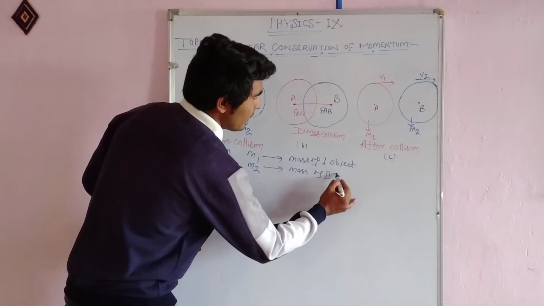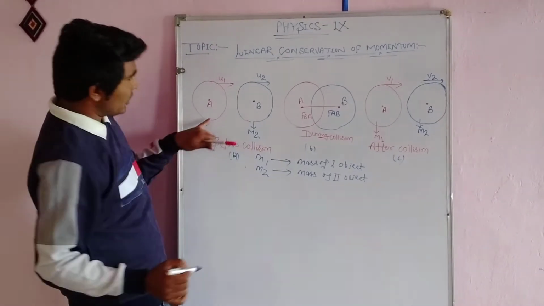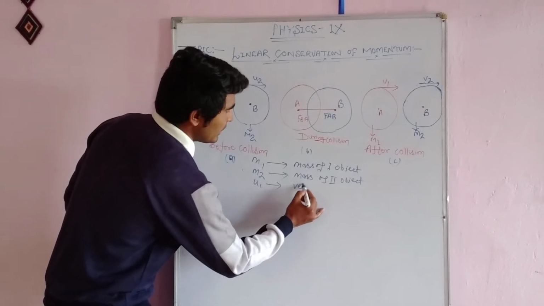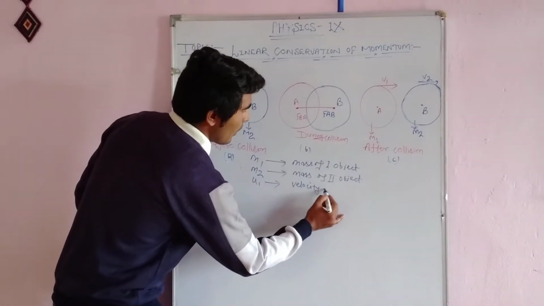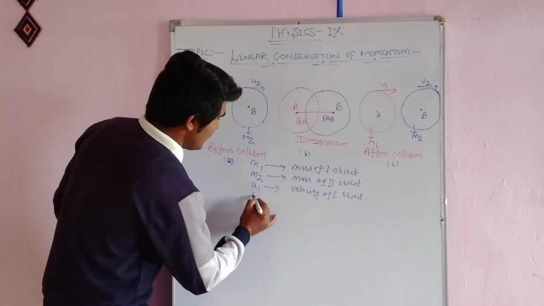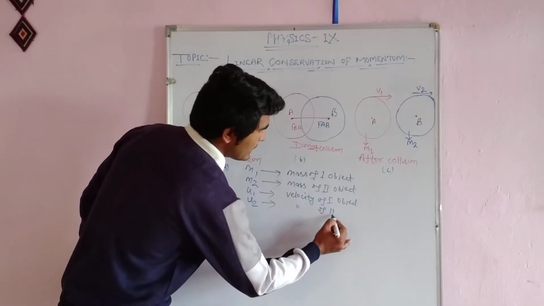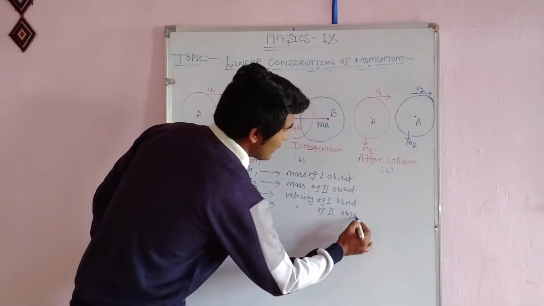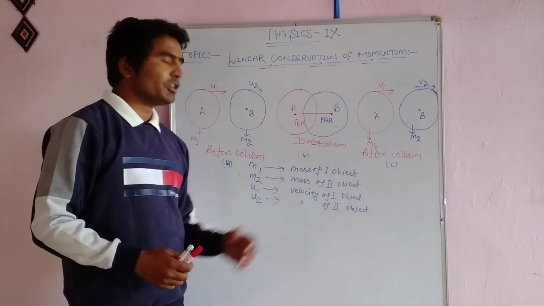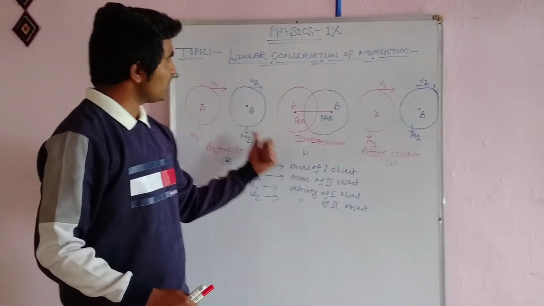After that, u1 is the velocity of the first object and u2 is the velocity of the second object. u1 is the velocity of the first object before collision, and u2 is the velocity of the second object before collision.